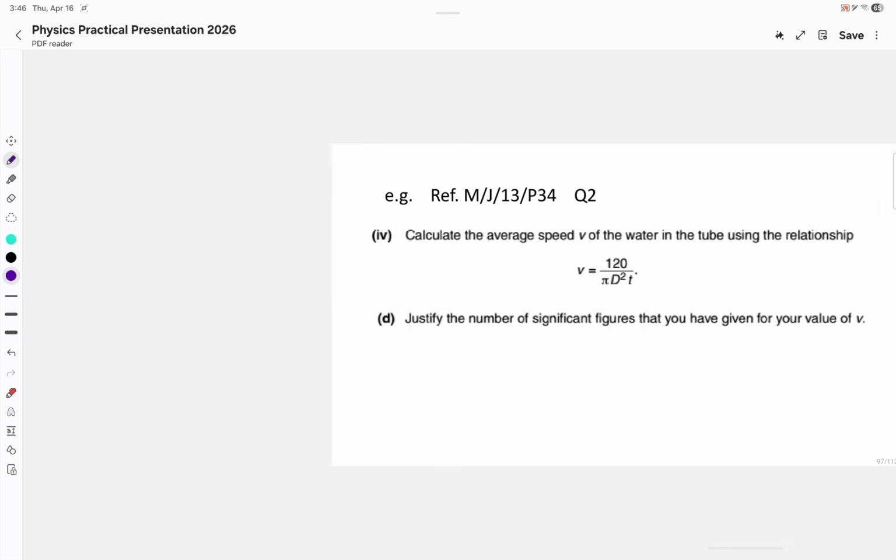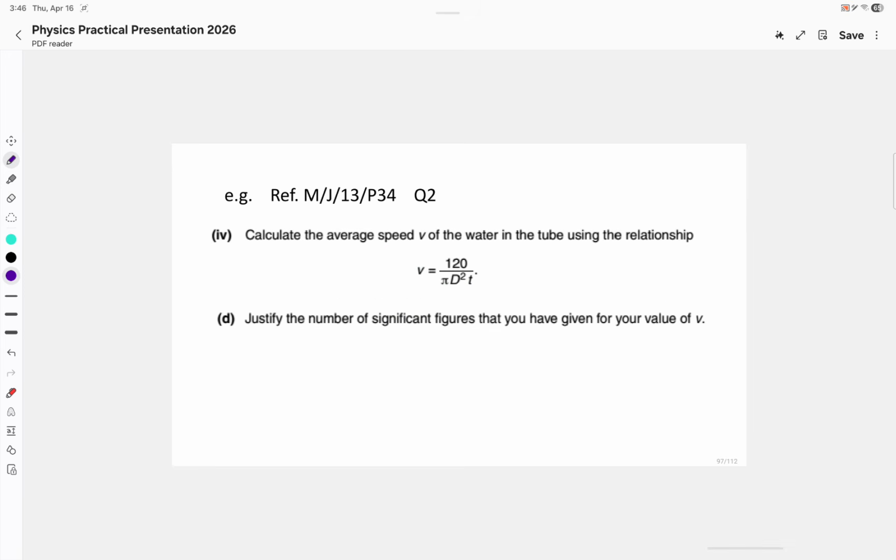You understand that? Okay, this is another idea. Again, say they calculate the average speed of the water in the tube using the relationship and justify the number of significant figures that you have given for the value of v. Although v is not a constant, v is a calculated value, and it is being calculated by using the value of d and t.